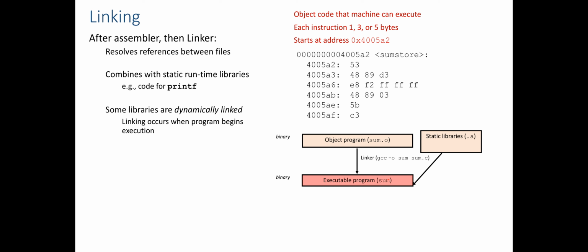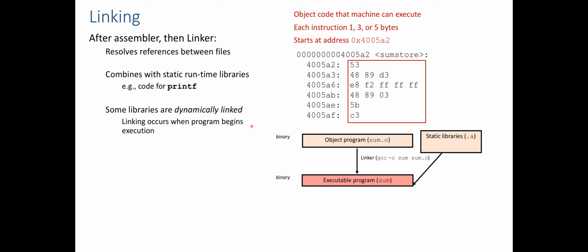So not all the code like this for printf will be put in, but a way to access that code on the fly when you're running the program is established. And that's called dynamic linking. We do that a lot these days because programs will be really, really large if you brought in every library whose functions you may or may not use, and instead just bring in a function when you need it.